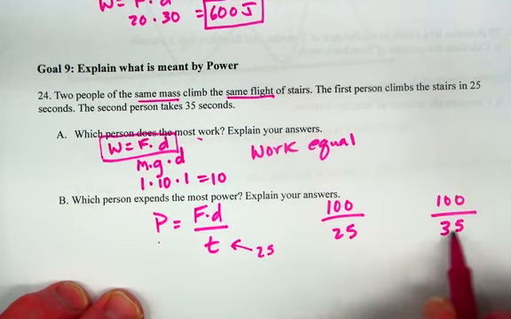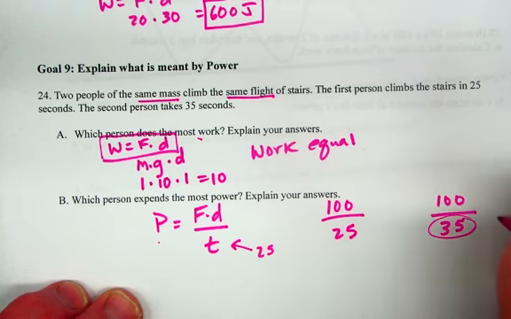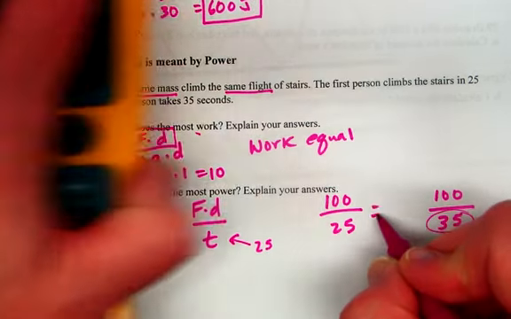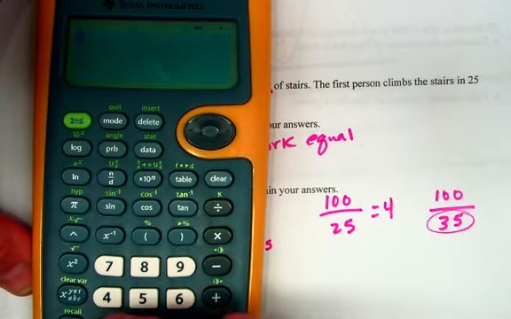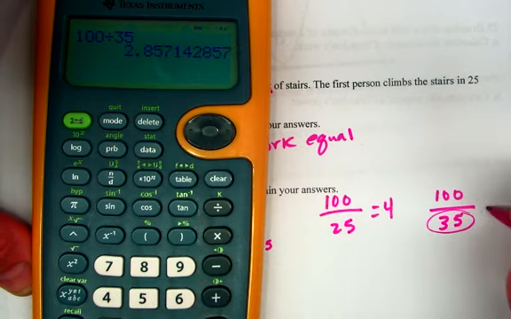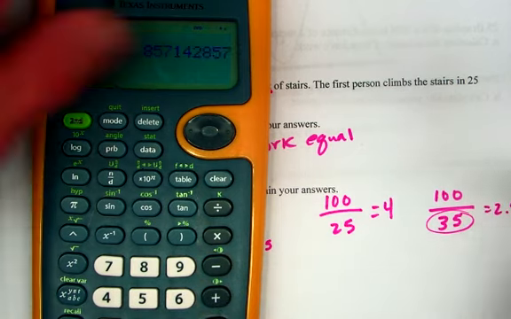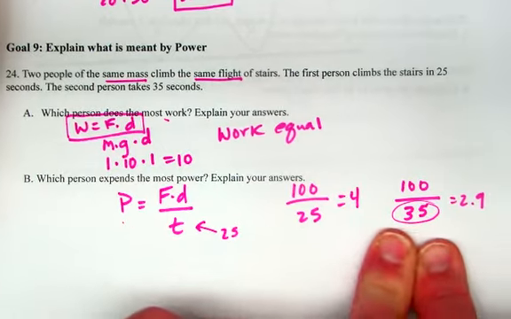So when you're dividing by a bigger number, if it takes you more time to do it, your number is going to be smaller. 100 divided by 25 is 4, where 100 divided by 35 is 2.8 or 2.9. So the amount of power is less when it takes you longer to do the task.